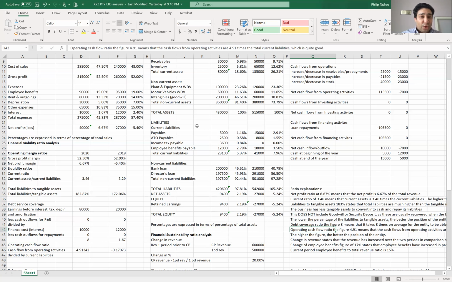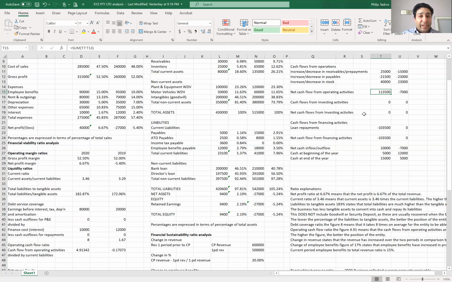So that's the explanation of a debt coverage ratio. The operating cash flow ratio tells us basically how many times the cash flows from operating activities are either greater or less than the current liabilities. Because remember, the cash flow from operating activities is that which is current, which is within a 12-month period. And so you divide that by the total current liabilities.